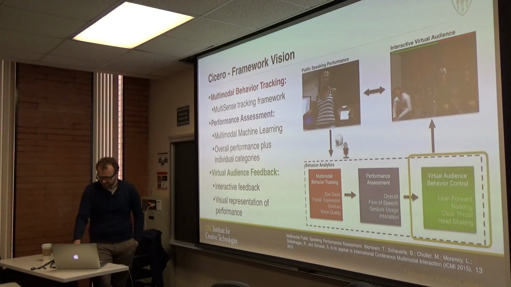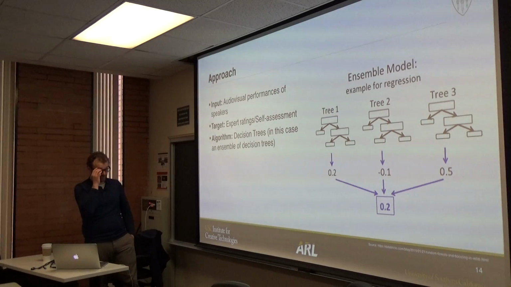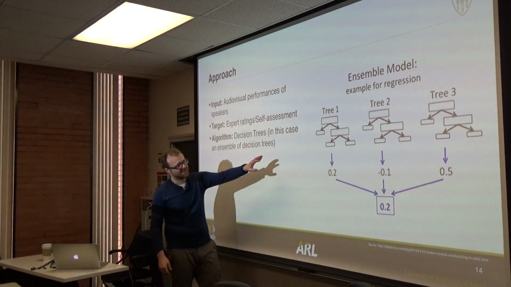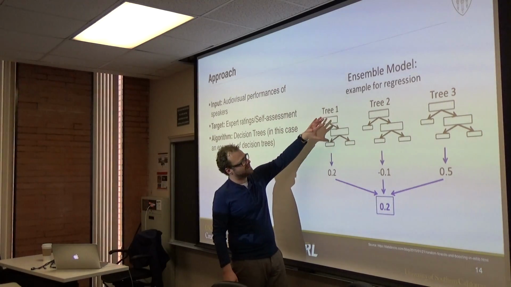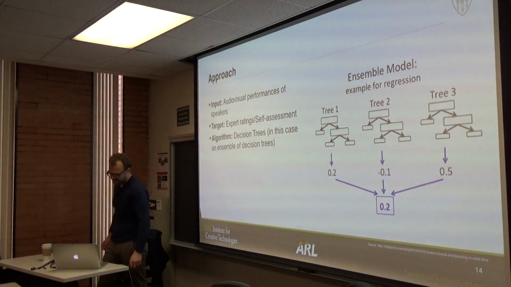All right, but it's not as simple as I mentioned before, where you have one tree and you make an assessment. We actually use many trees. So we have, I think in total, 20 or 30 very simple trees, and they're all stored in XML files.